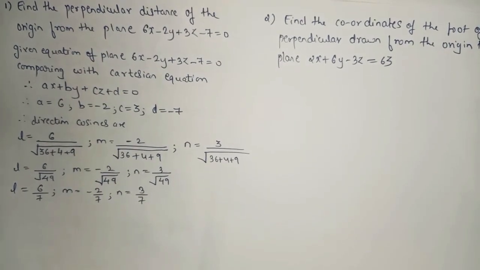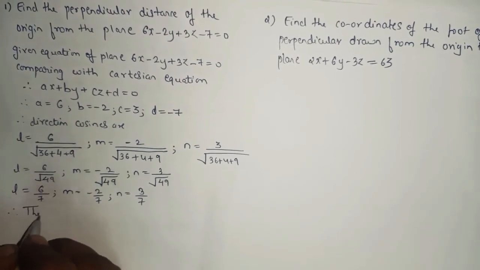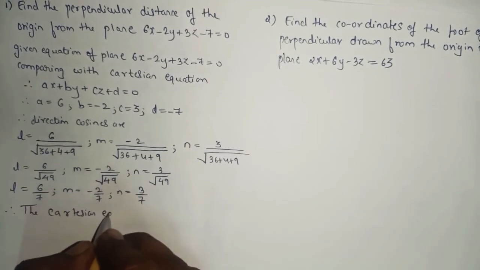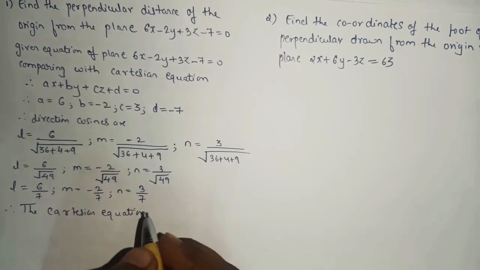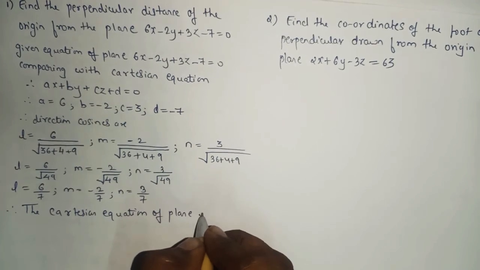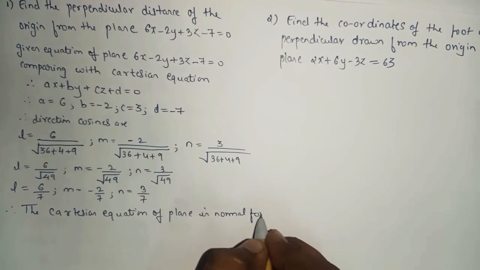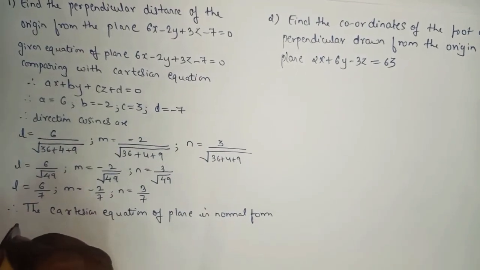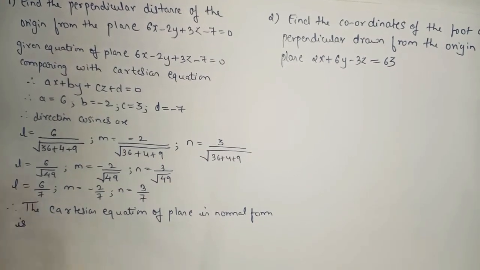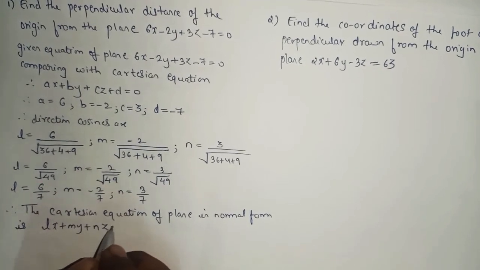So the Cartesian equation of plane in normal form is lx plus my plus nz equals p.